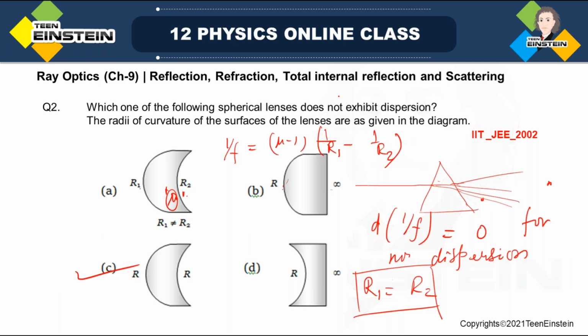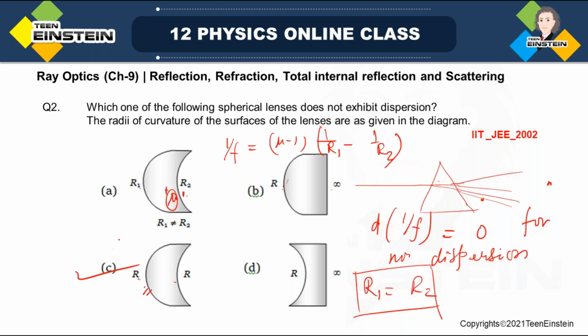Here in this case, you know what will happen? The dispersion effect cancels out. These two have the same radius of curvature, so the bending of any ray, any color, will be the same.